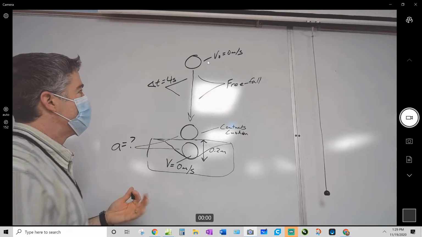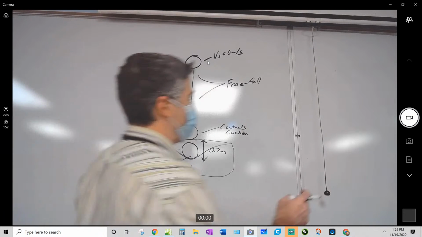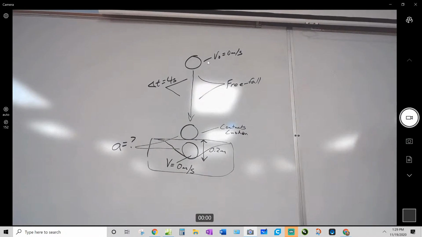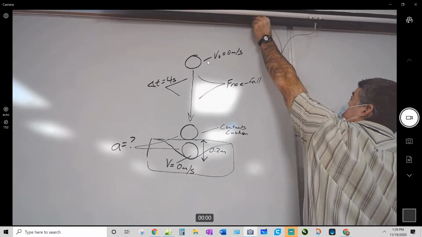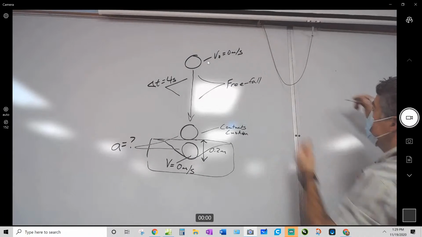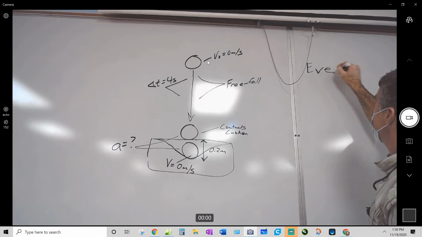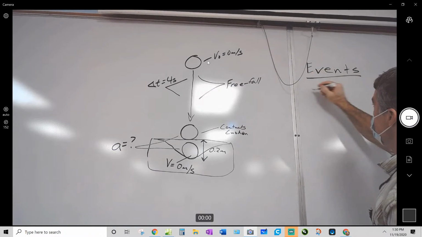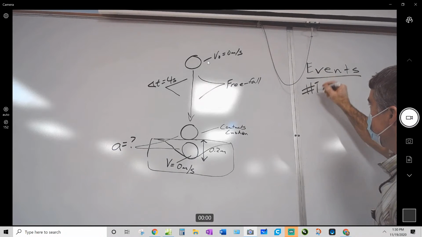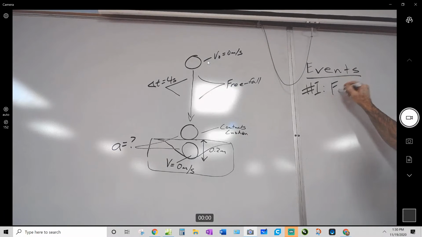So if I were to call this event 1 and event 2, people see? Number 1 is the free fall. And when it's free falling, the acceleration is negative 9.8 meters per second squared.